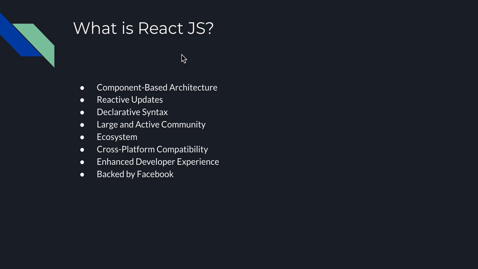So the other 2 or 3 days will be saved. This is another main advantage. Then there's cross-platform compatibility: wherever JavaScript runs, React.js runs. And it enhances the developer experience, as we have a lot of tools to develop React Native and React.js applications.